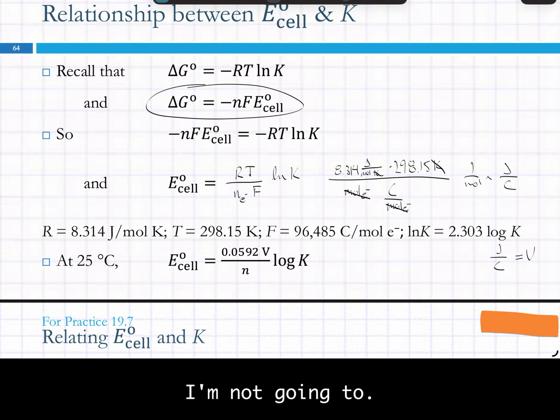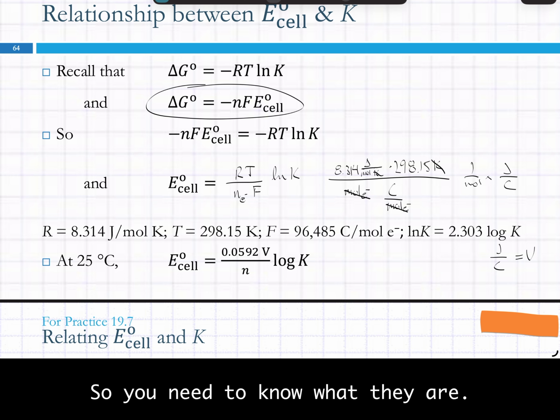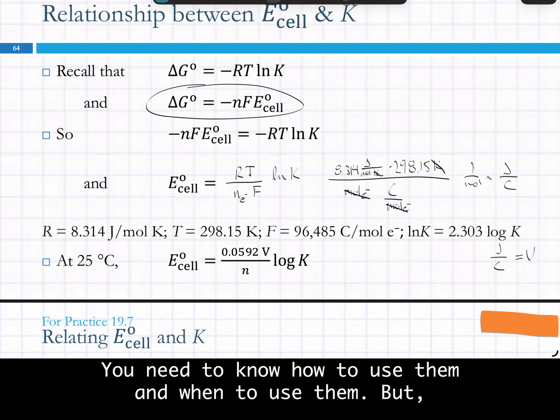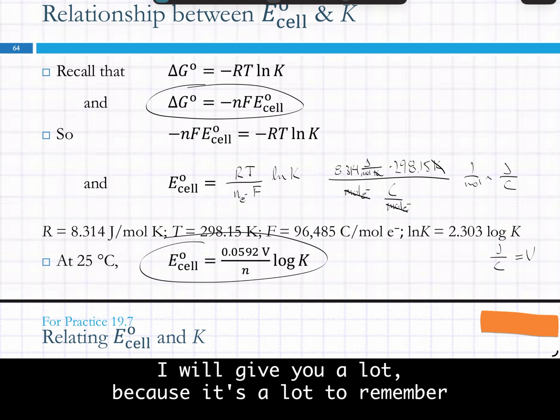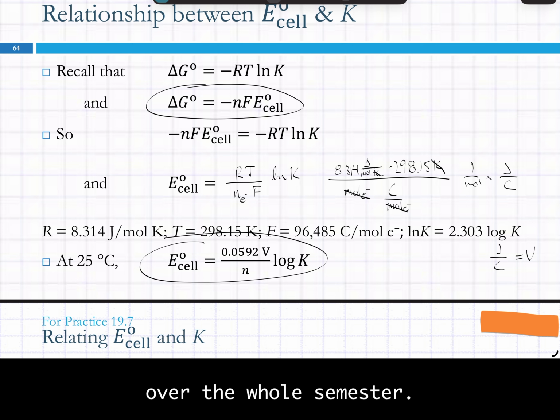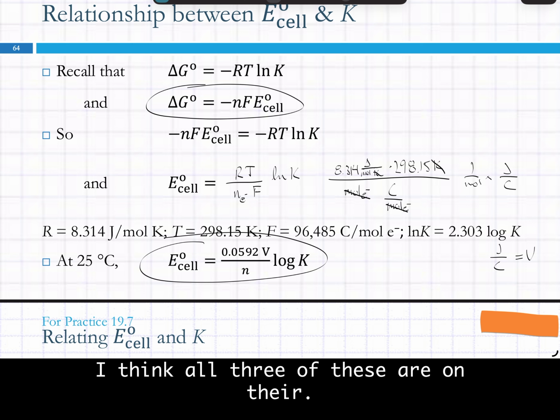It'll just be a bunch of equations. You need to know what they are, how to use them, and when to use them, but I will give you a lot because it's a lot to remember over the whole semester. I think all 3 of these are on there.